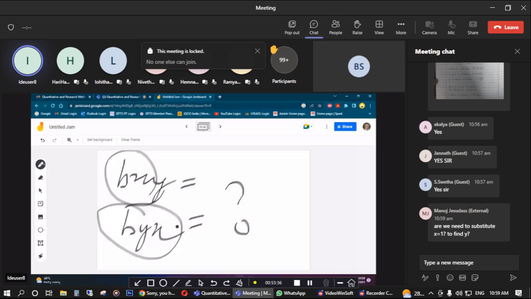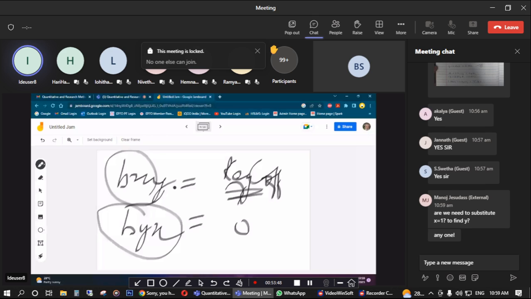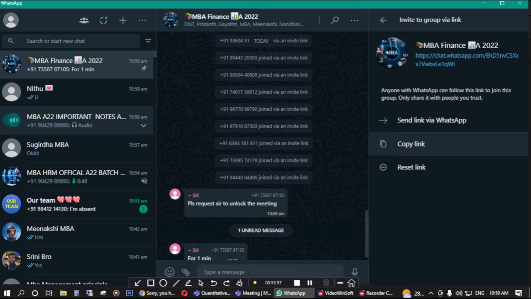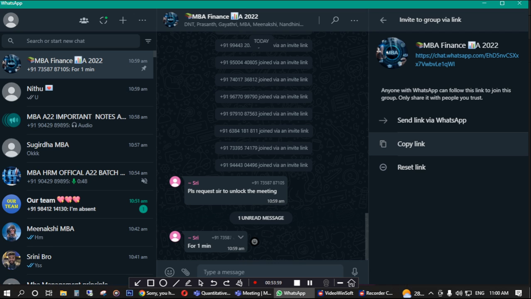B is the regression coefficient. bxy is the regression coefficient of x on y. byx is the regression coefficient of y on x. That is the terminology for bxy and byx.